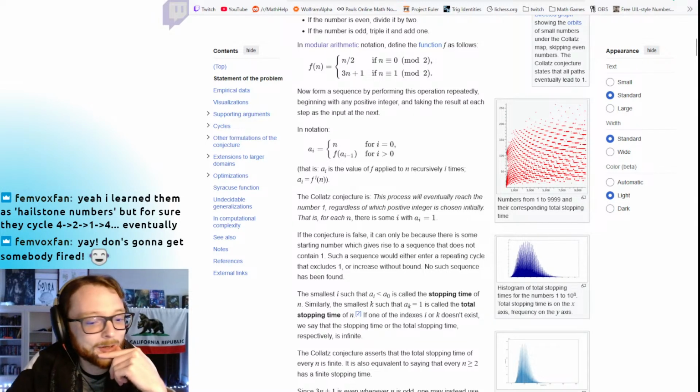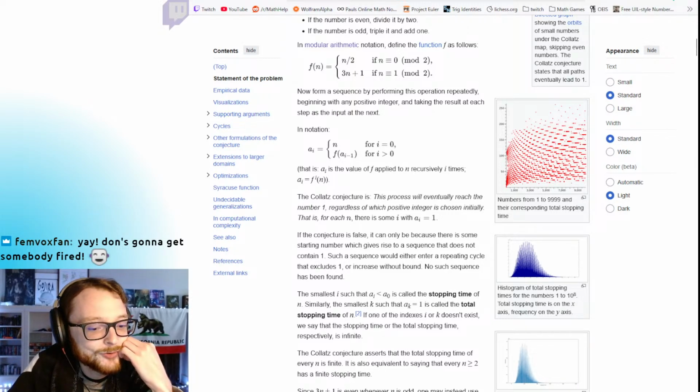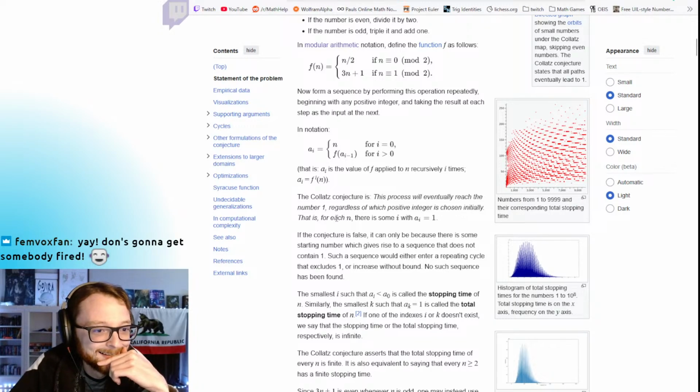Oh my god, it literally... Wait, okay, yeah, if a sub n is odd, we get 3 a sub n plus 1. Maybe a professor has found a non-piecewise version of the Collatz conjecture.